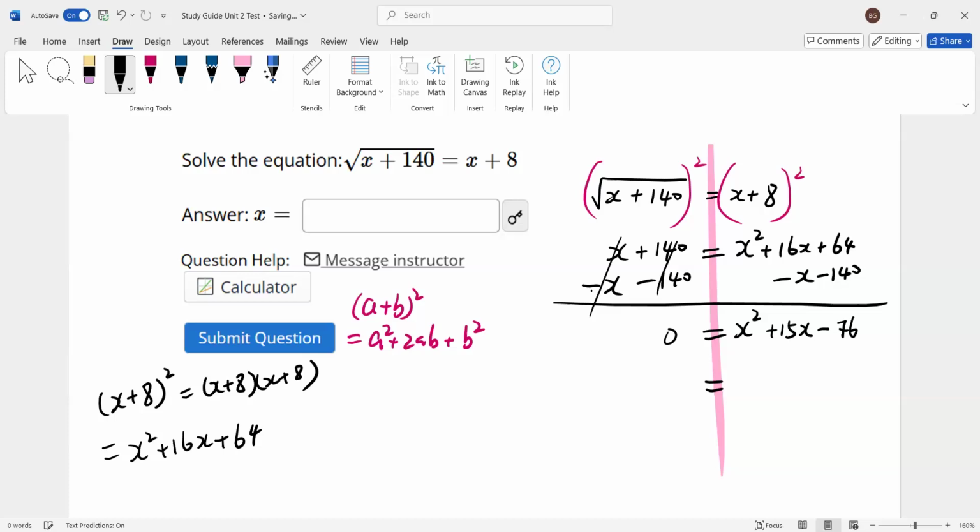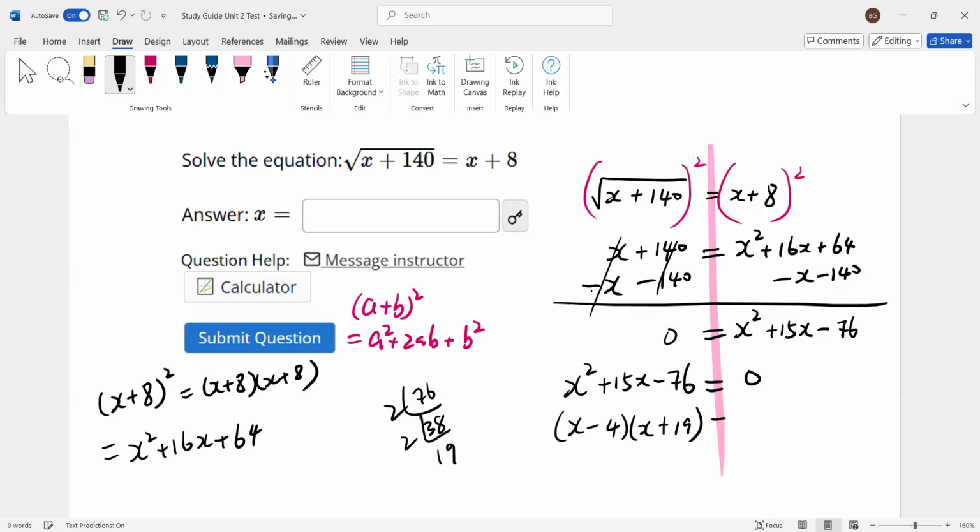Okay, now I'm going to switch the right side and the left side, and let me know if I mess up any details. We have x squared plus 15x minus 76. 76 to 38 to 19. Oh, okay, it's factorable. We can do 19, positive, negative.